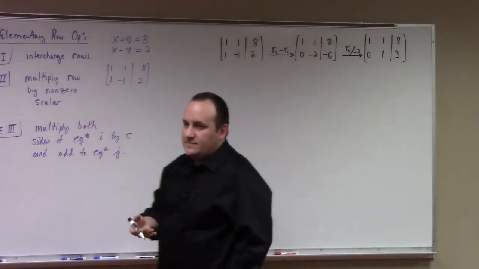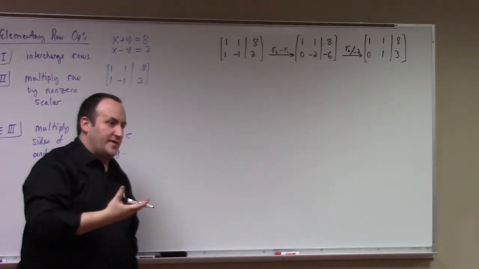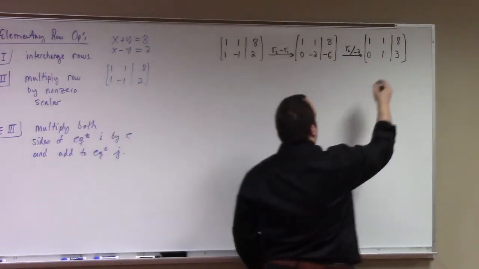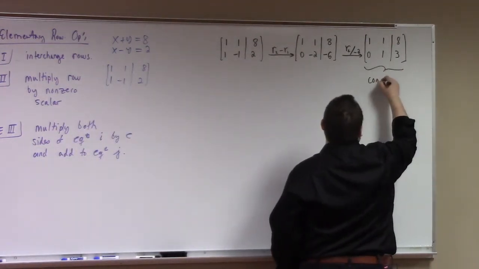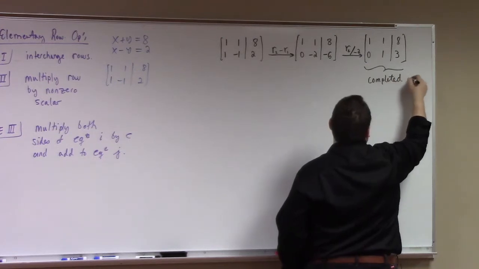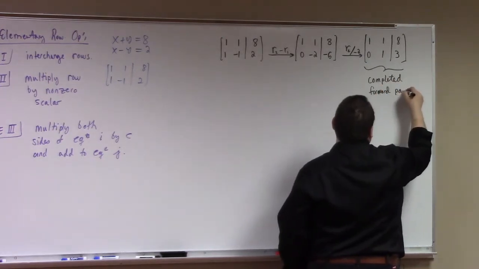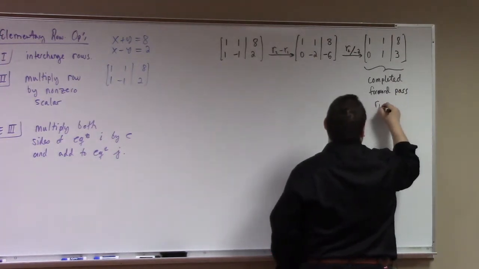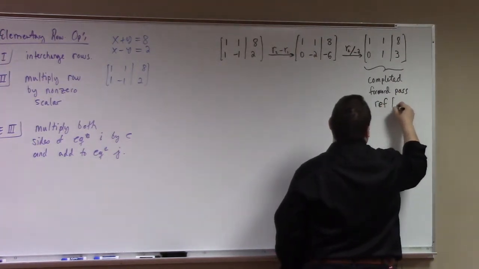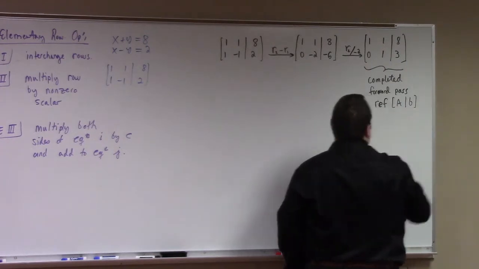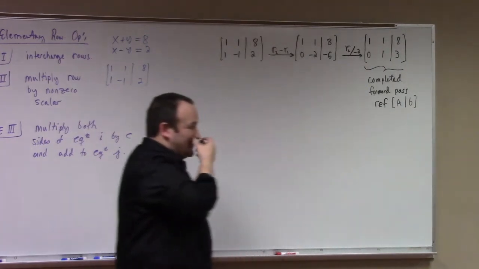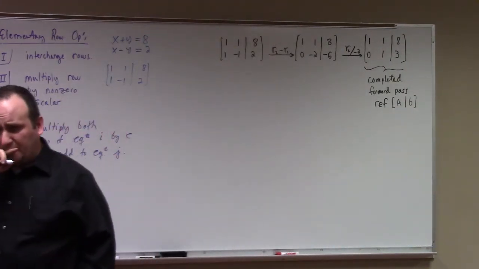At this point, I have completed what's called the forward pass. This matrix actually is the REF of AB, the row echelon form of AB.